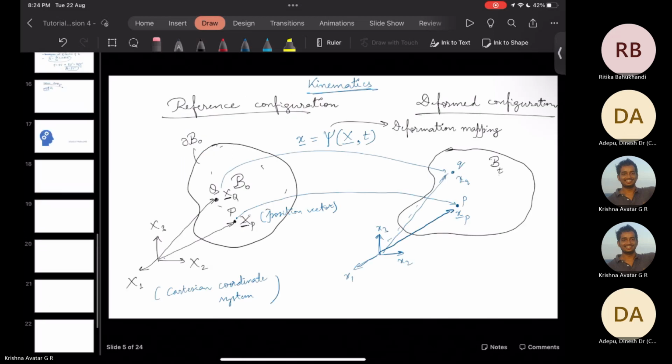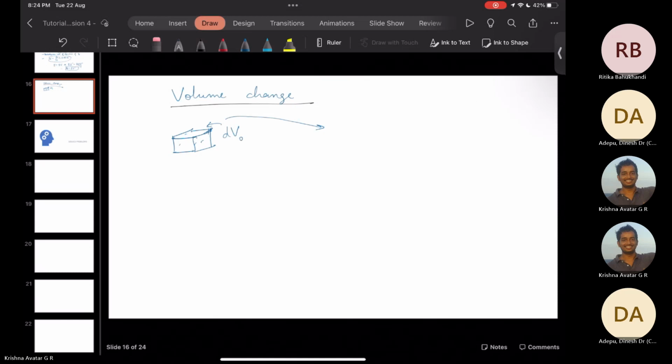So some deformation psi as a function of x comma t, and then it deforms into some element. Let's say its volume is small dv. What is the relation between dv and dV naught? That is unknown, right?